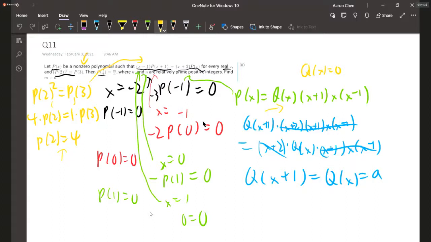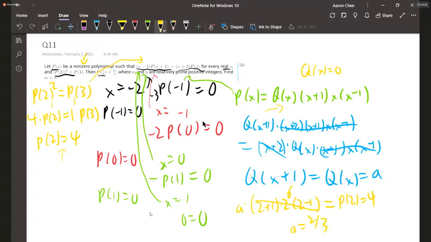So when this is true, you have that a times 2 plus 1 times 2 minus 1 is equal to p of 2, which is 4. And so this is 3 times 2 times 1, which is 6.